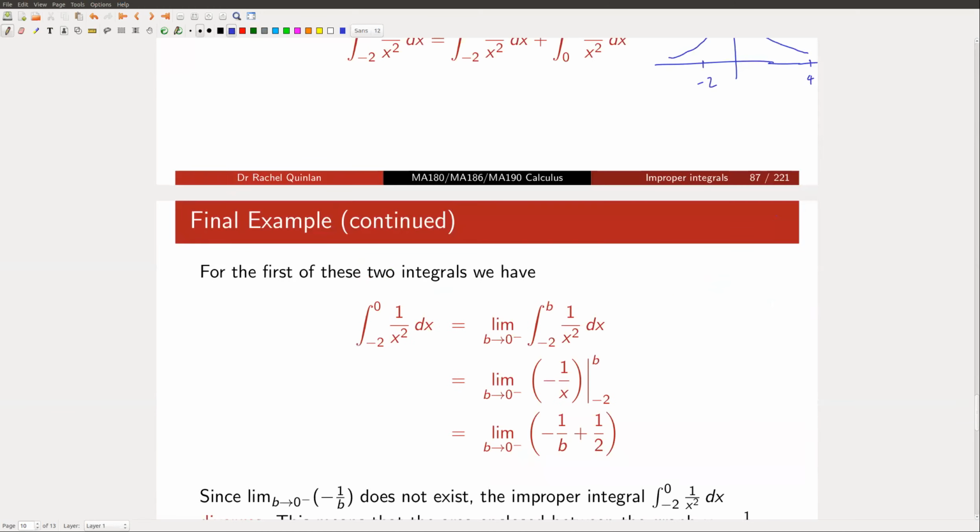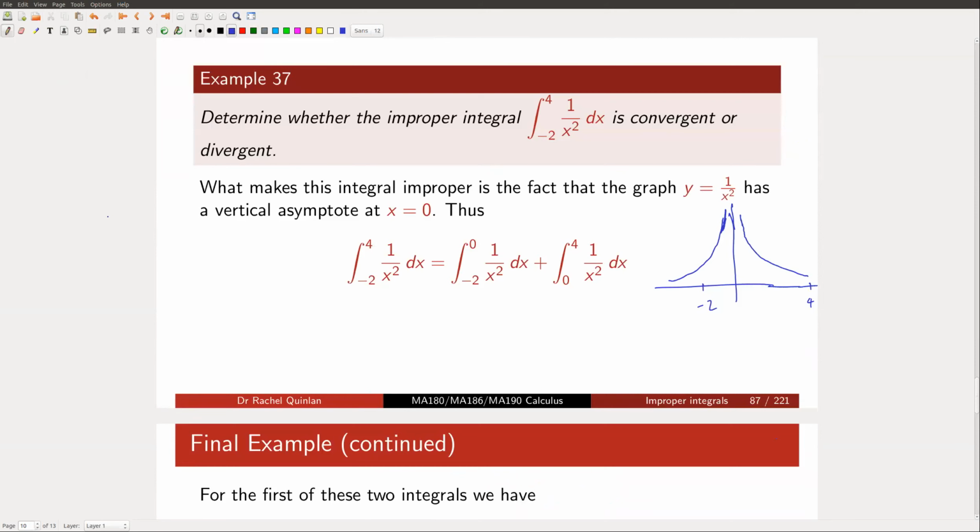If you were to think about the area between -2 and 0 under the graph of 1 over x squared, well, it's not infinite in width, but it is infinite in height. There's a vertical asymptote at 0. The value of 1 over x squared is not defined at 0, but it's defined everywhere to the left of 0. So that area potentially could be finite or it could be infinite. It's another one of these things where it's infinitely high, but it's got width that approaches 0 as you travel up.